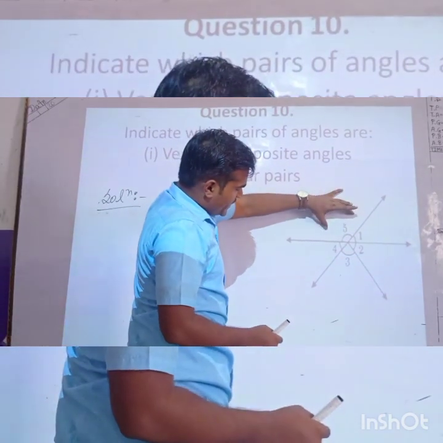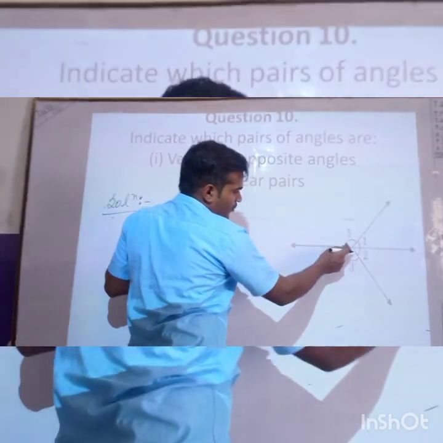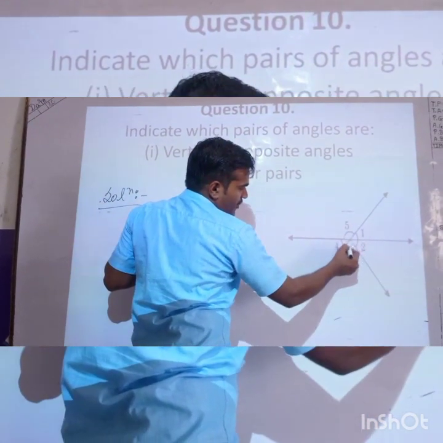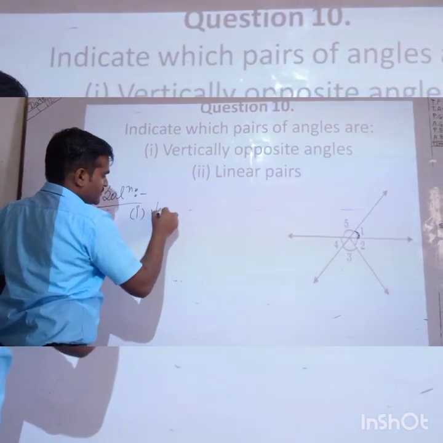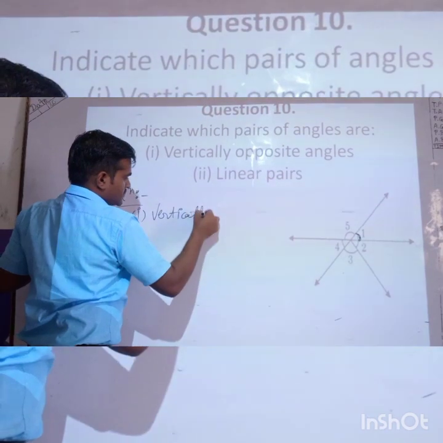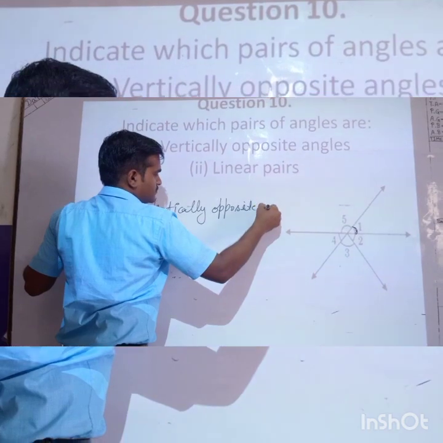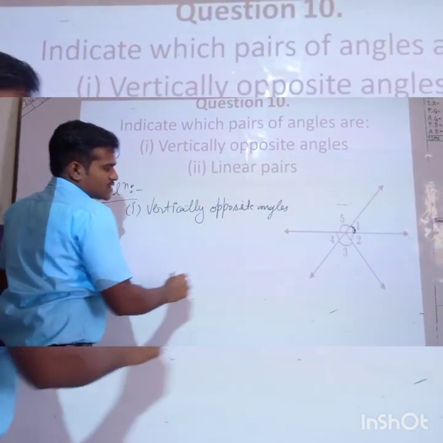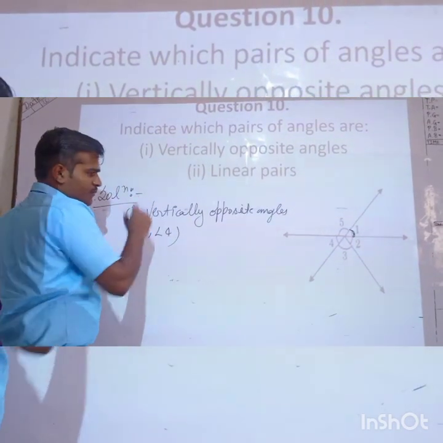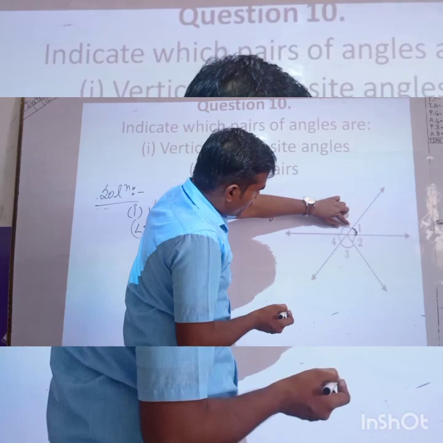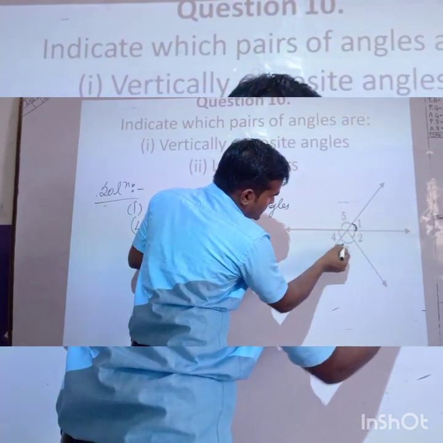So children, angle 1 and angle 4 are both vertically opposite angles. First we write vertically opposite angles: angle 1 and angle 4 are vertically opposite to each other. And angle 5 is vertically opposite to angle 2 plus 3.